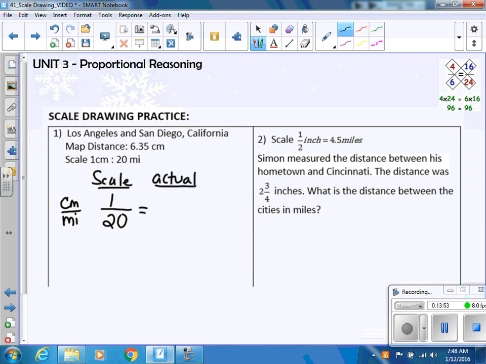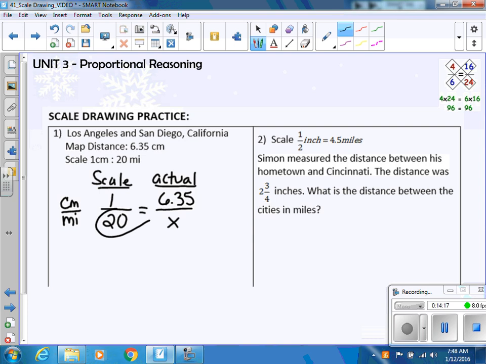So that on the map, the distance is 6.35 between the two cities, and I want to figure out how many miles it is. So if you look at this, the top number is a lot smaller than the bottom number. So if it's the same proportion, then my bottom number should be a lot bigger than 6.